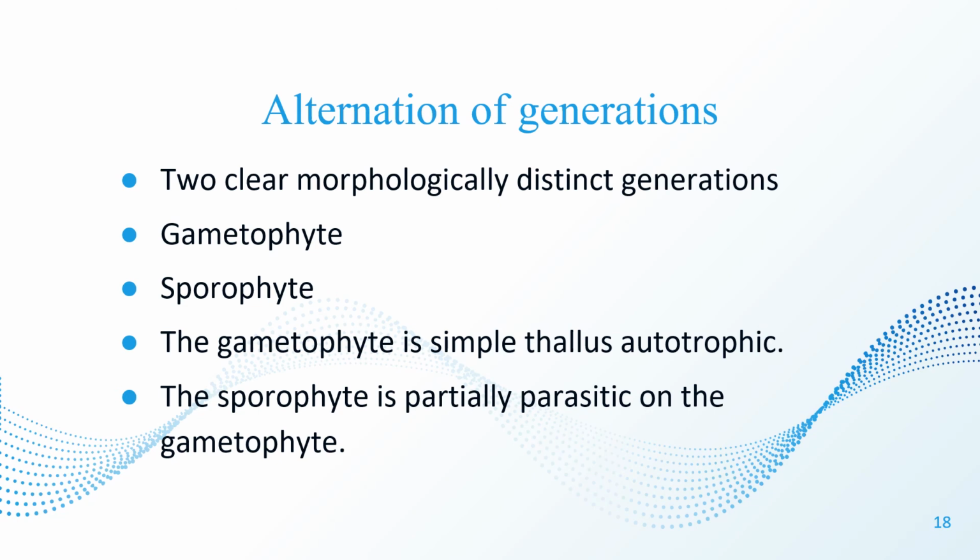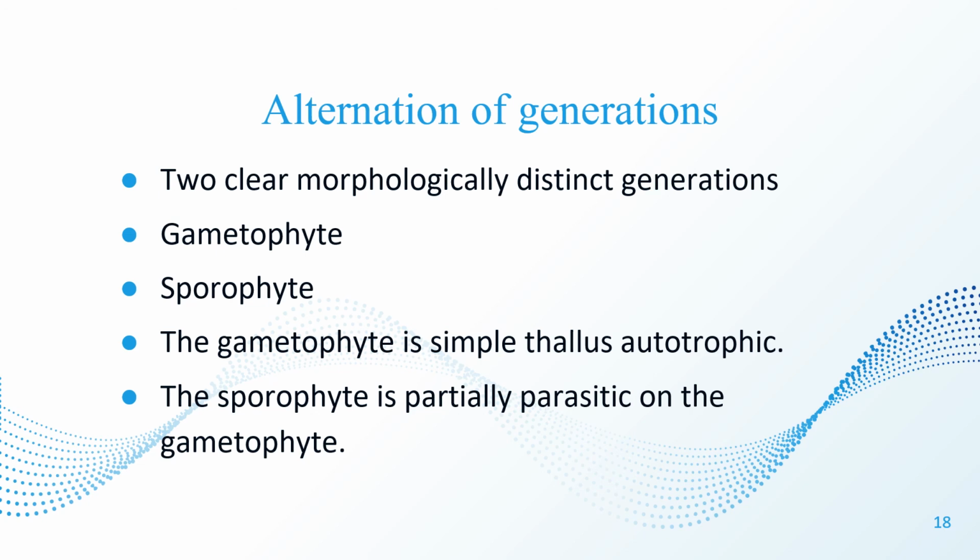Alternation of generations. There are two clearly morphologically distinct generations, gametophyte and sporophyte. The gametophyte is a simple thallus, it is autotrophic, it can manufacture its own food material, and it bears the sporophyte, because the sporophyte is partially parasitic on the gametophyte.